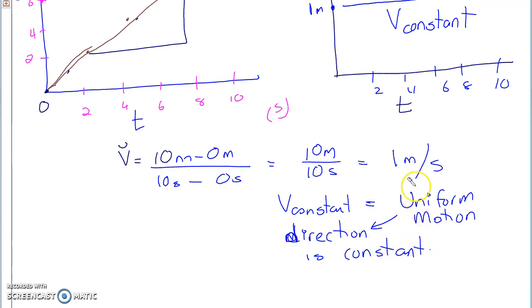Same direction. If an object is moving at a constant velocity in the same direction, then it is said to have uniform motion. Are we okay with this? Does this make sense so far? So, to find my velocity, I find the slope of the line. Basic grade 10 math.